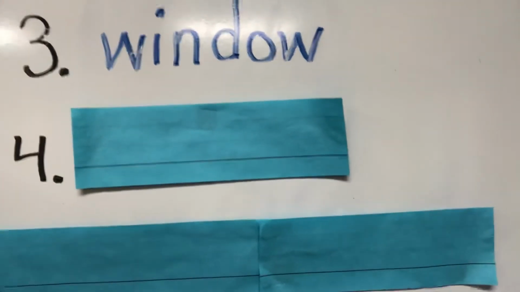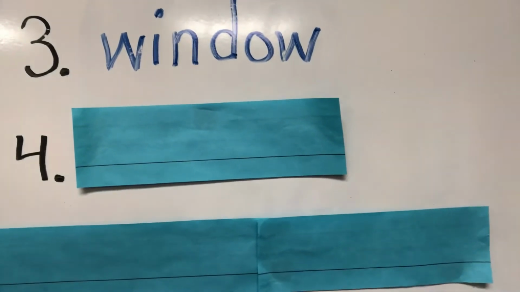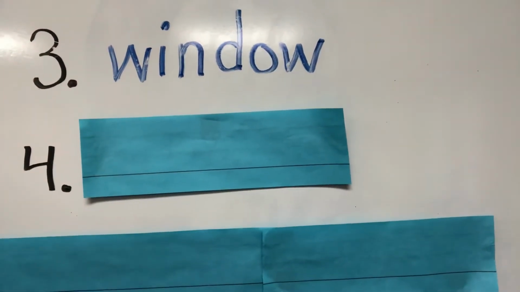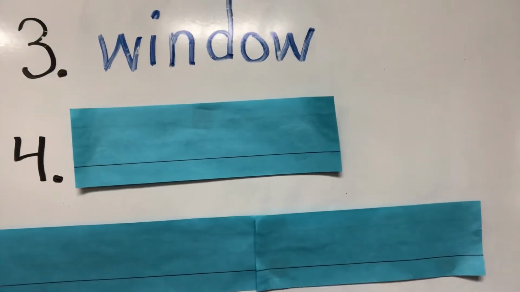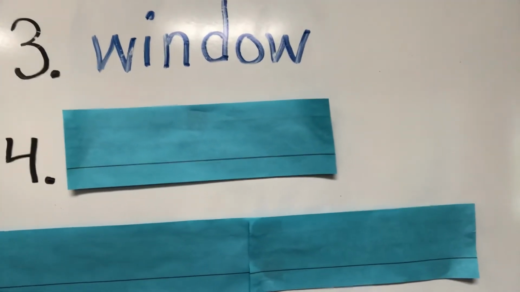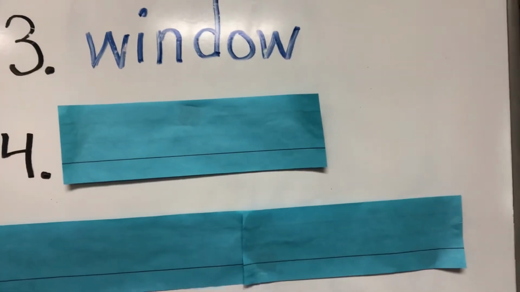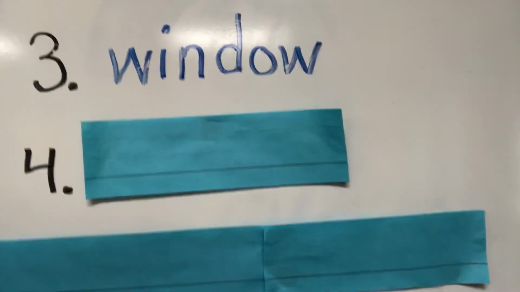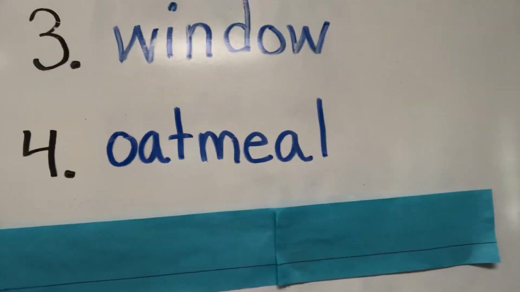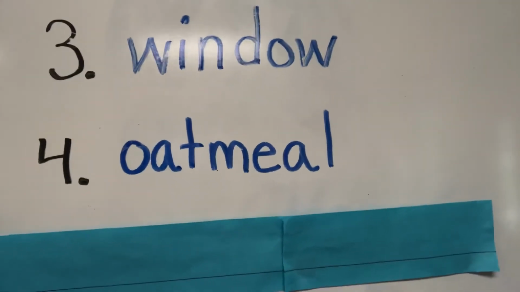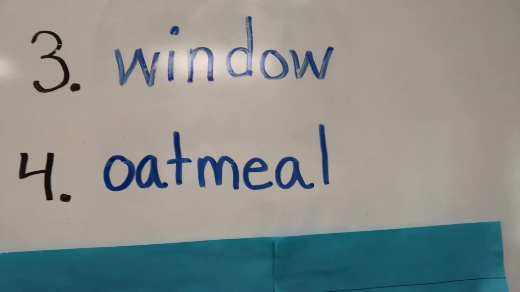Think about all the sounds that are in that word. Oat-meal. It is a compound word, but it's still just one word, so no spaces. Are you ready? Okay, here we go. Oatmeal. If you got it, that's awesome. If not, draw a line through it and write it correctly.